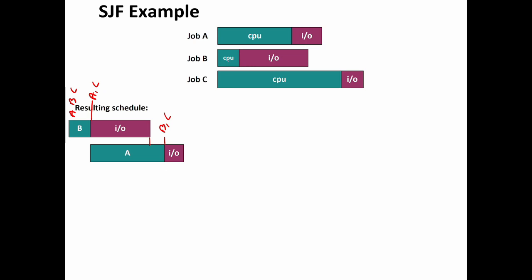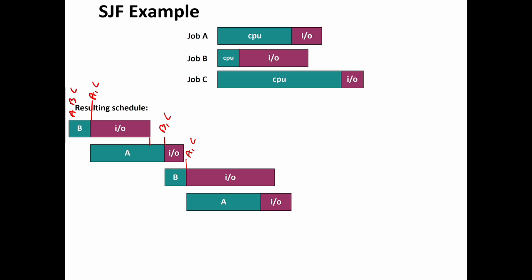Well, B has a shorter CPU burst, so B will be scheduled, and at this time A returns back to the ready queue. So I will have A here, and C in the ready queue. The scheduler looks at A and C. Which one has a shorter CPU burst? Well, A. That's why A is scheduled.